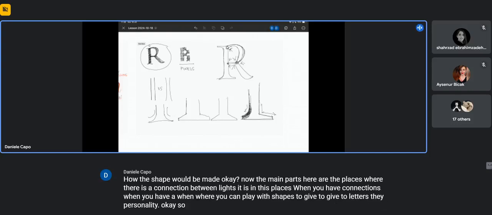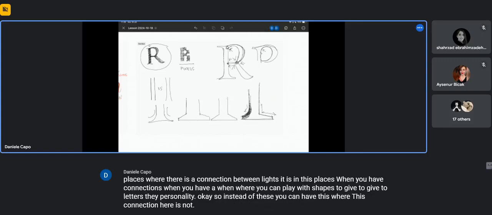Okay, so instead of these, you can have this, where this connection here is not angular. So you can also have something like this.